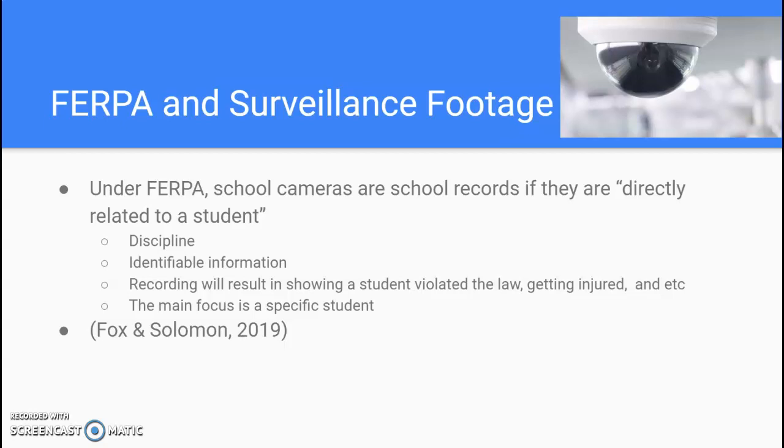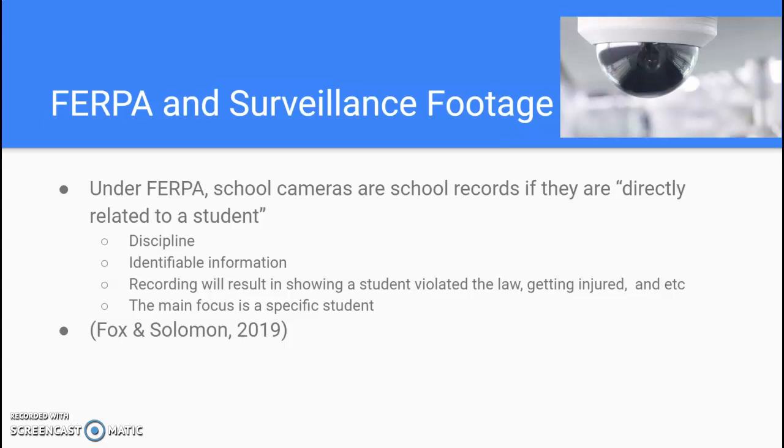FERPA and surveillance footage. Just as I said, technology is everywhere. This also includes our security systems. Schools are locking down on having cameras in the hallways, having them out in the parking lot. Under FERPA, school cameras are school records if they are directly related to a student.